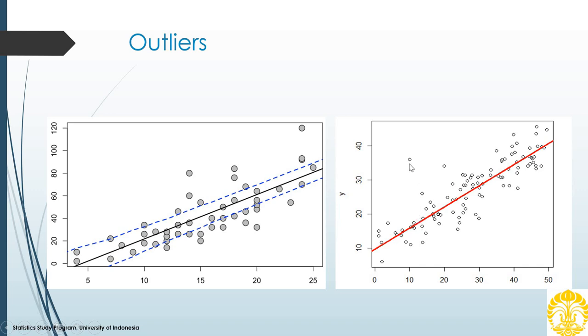A formal way of testing for outliers will be given in a further lecture. Again, having this point is a problem for our model, and we will try to find a way to avoid this problem.